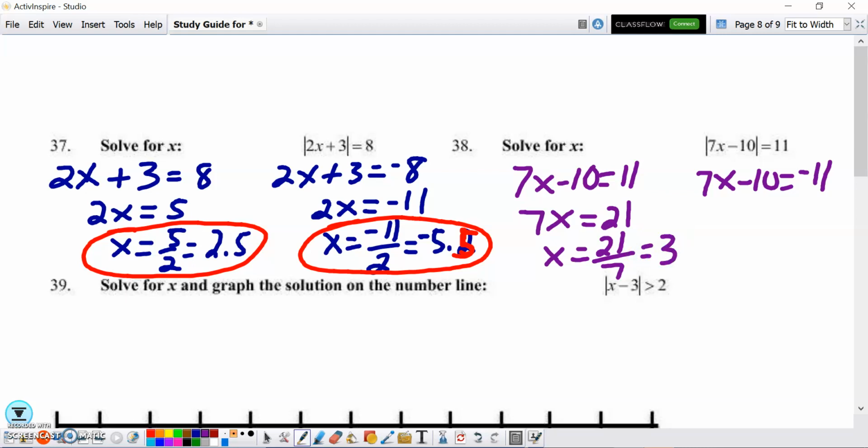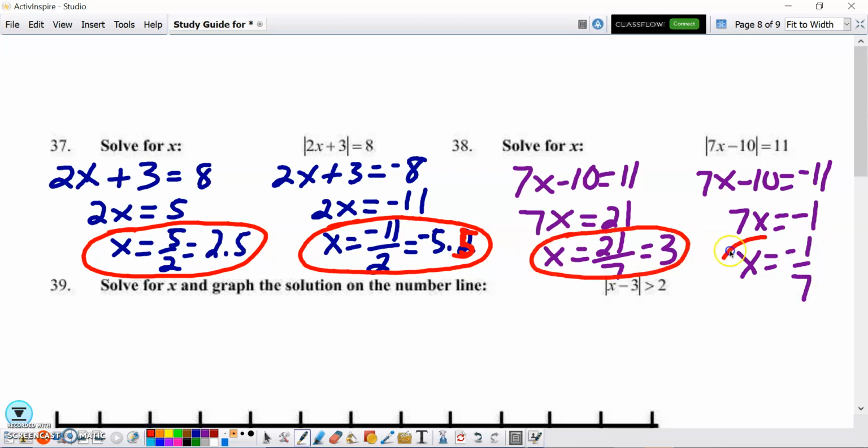Don't leave it as an improper fraction for that one. 21 over 7 is 3. Okay, next one, add 10, divide by 7, and just leave that as a fraction, negative 1/7. All right. Again, I don't have room for the check step, but if you check them, they both work.